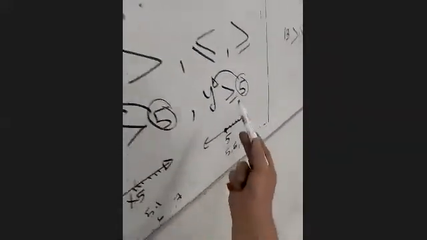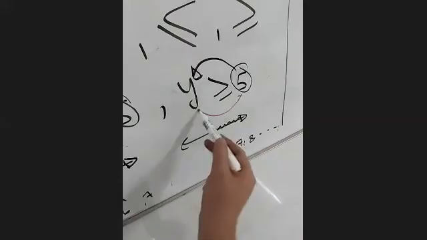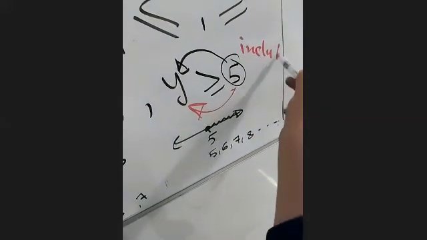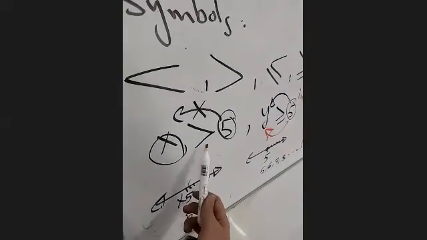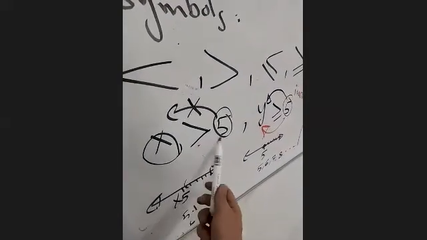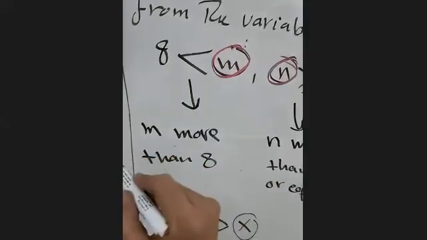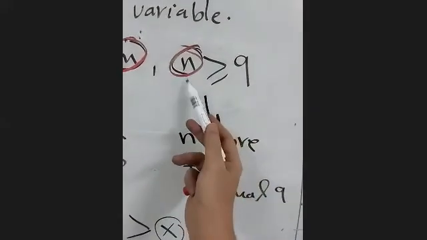If you have an equal sign, it means the number is included. If you have no equal sign, it means the number is not included. How do we read the inequality? We read it from the location of the variable. If the variable is to the right, we start reading from the right. If the variable is to the left, we start reading from the left.